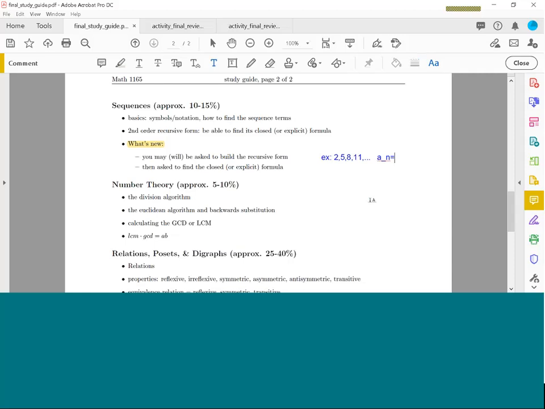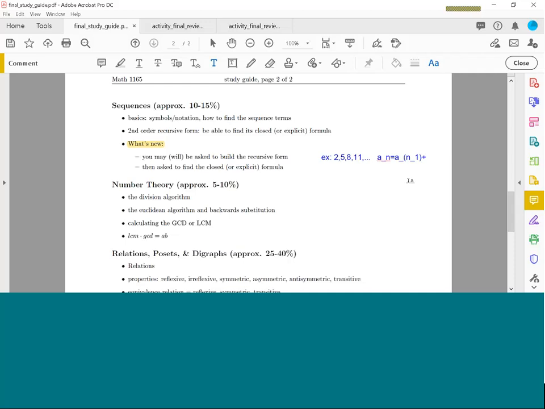But your recursive form would be in terms of the previous term. So what do you do to that previous term to get the next term? Anybody spot a pattern here, assuming I didn't make a typo in one of those term numbers? Yep, so we just added 3 to get each of them.